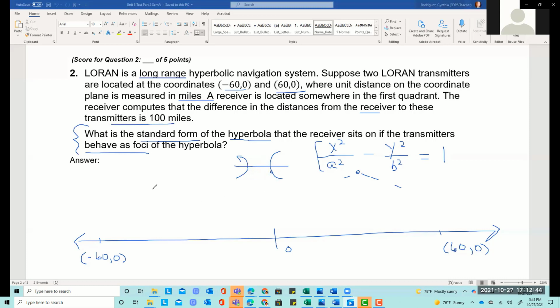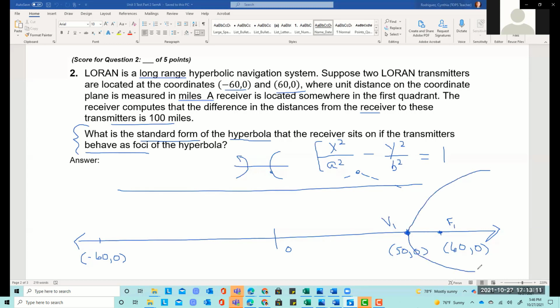So what's half of 100? That's 50. If I go from 0 to 50, it's going to be somewhere over here. So this would be my vertex. And what would this be? The foci. That would be one of the foci.